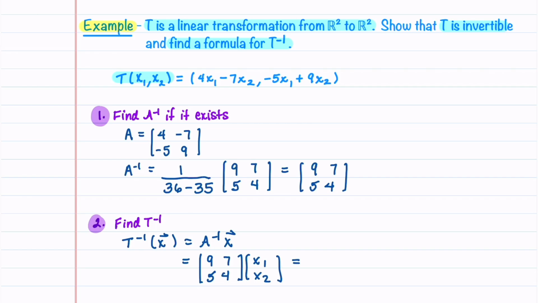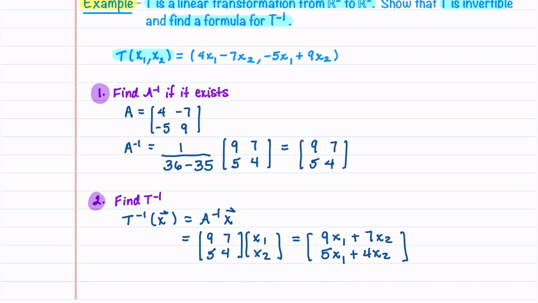And this gives us an answer of 9x1 plus 7x2 in the first row, and 5x1 plus 4x2 in the second row. Let's put our answer in the same form that the original transformation came in. This gives an answer of 9x1 plus 7x2, and then 5x1 plus 4x2.